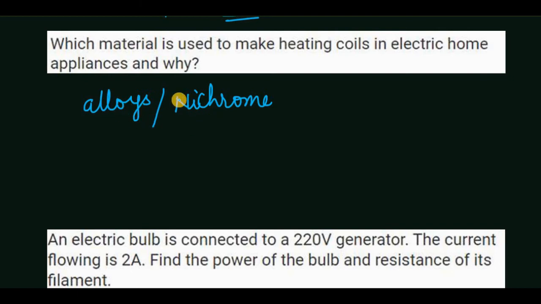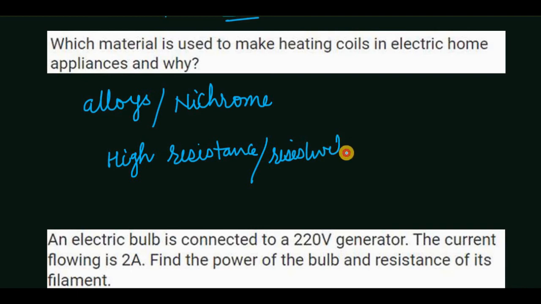Okay, and the reason is because it has high resistivity, or we can say it has high resistance, or we can use the term resistivity, very high resistivity, and high melting point.